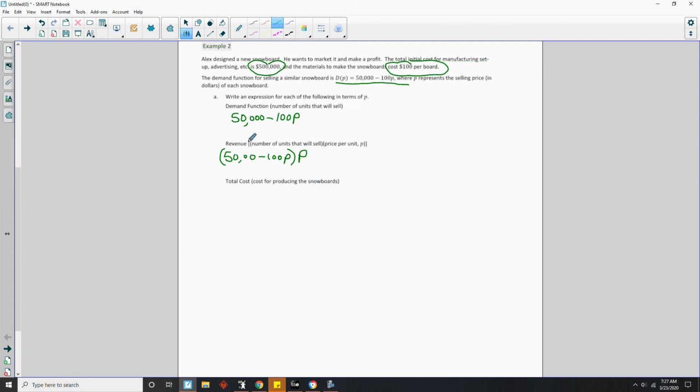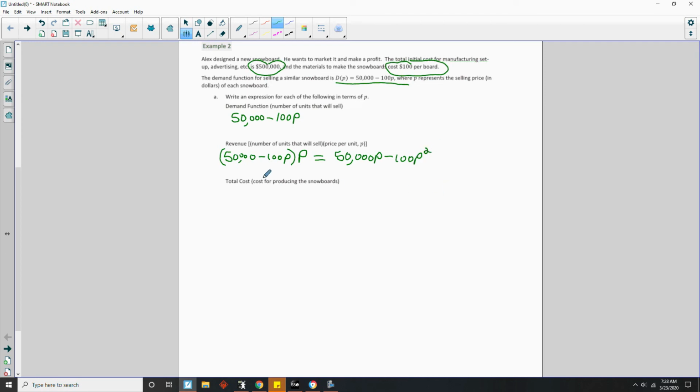It tells us right here. Our revenue is number of units that will sell, and number of units that will sell is your demand function. So demand times P. And if I distribute the P, I get P times 50,000. I'm missing a zero here. Let me squeeze one in there. So that's going to be 50,000P minus 100P times P, which is 100P squared.